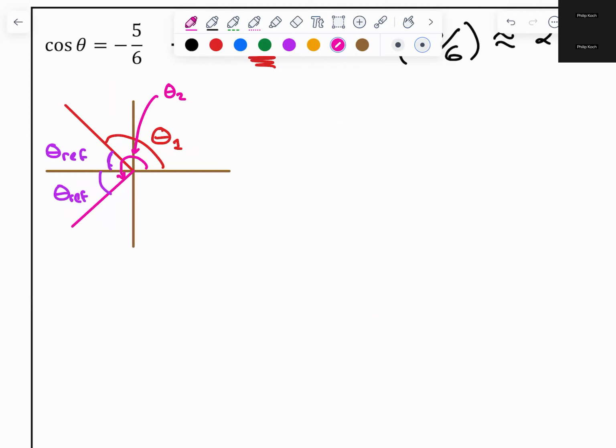The colors are not right. I chose bad colors. Let's change this to green. That's theta sub 2. Is that okay? Any questions on that? Do we all see how that's going to be the other solution?